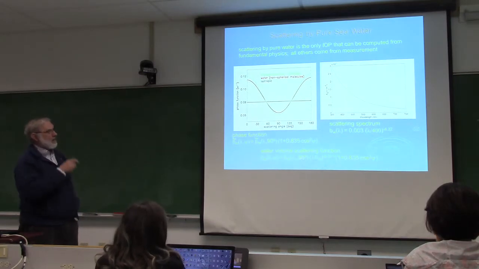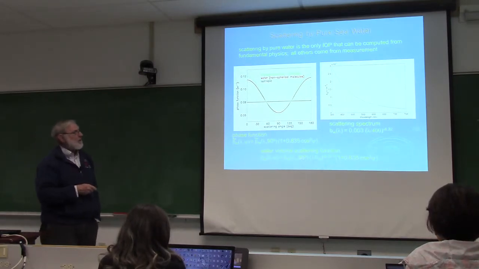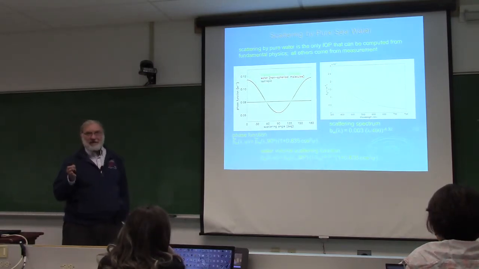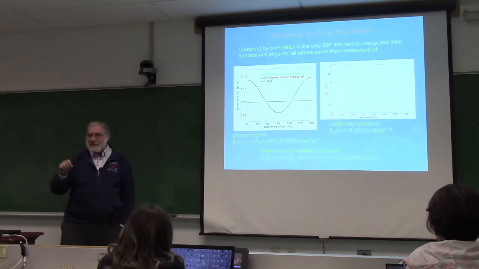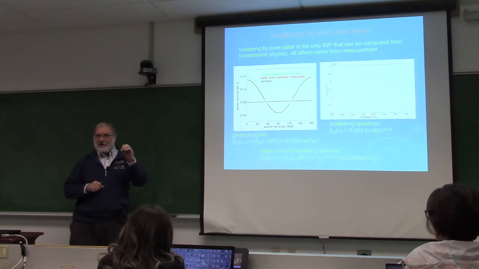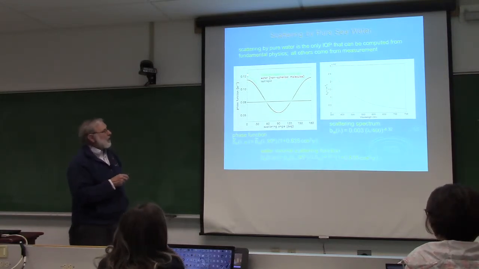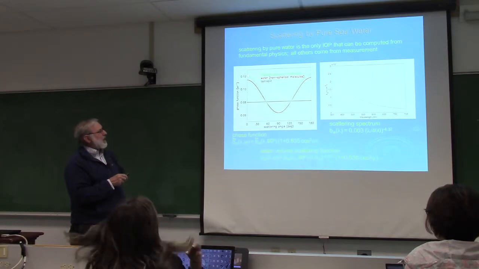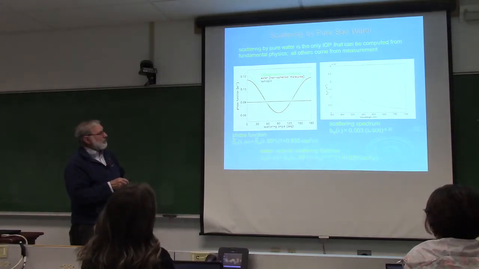Okay, so if we look first at pure water, there's a thing called Rayleigh scattering, which Rayleigh computed back in the 1800s, assuming that the scattering particles were very small spheres. And so he gets the green line here as the scattering phase function.